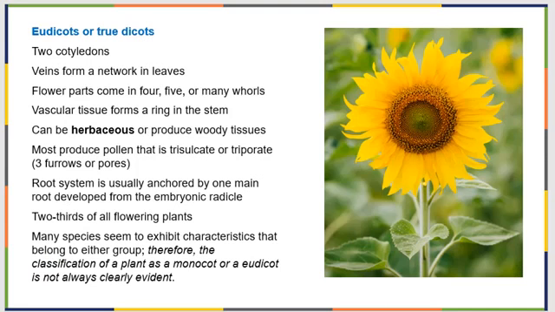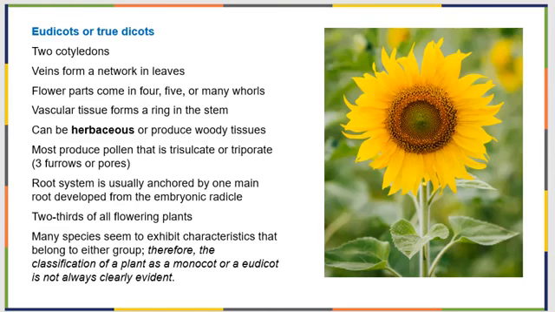Dicots, on the other hand, or eudicots, have two cotyledons, so two tiny little leaves inside of that little embryo. Their veins form branching networks. Flower parts are grouped in 4s, 5s, or multiple whorls. They have vascular tissues that form very structured supportive rings in their stems.